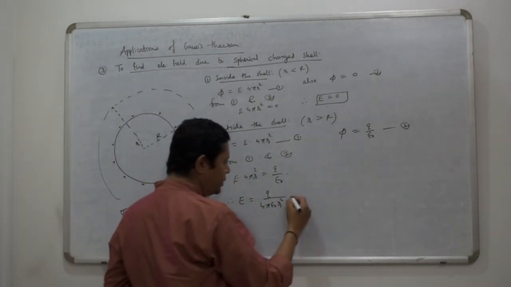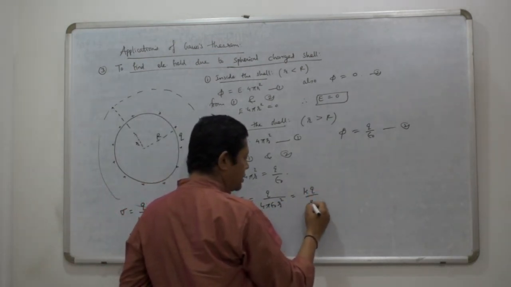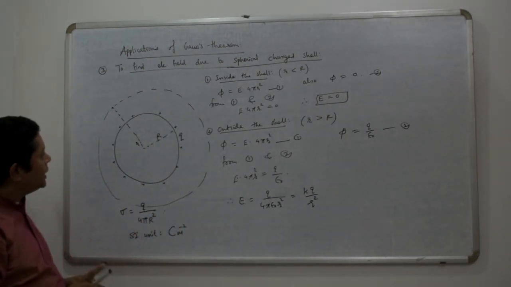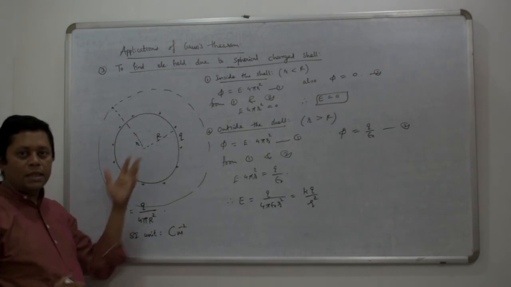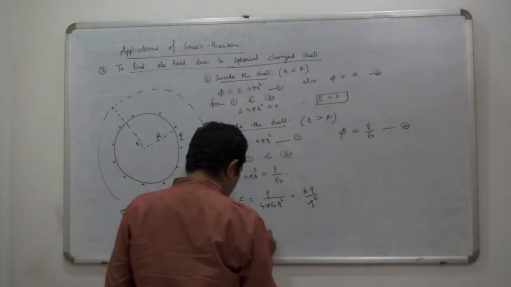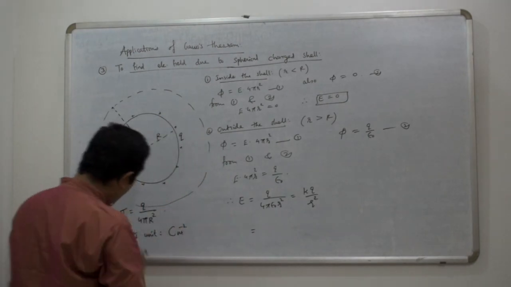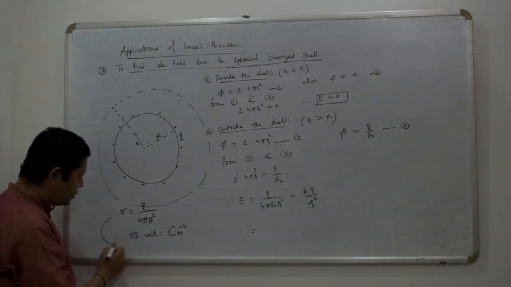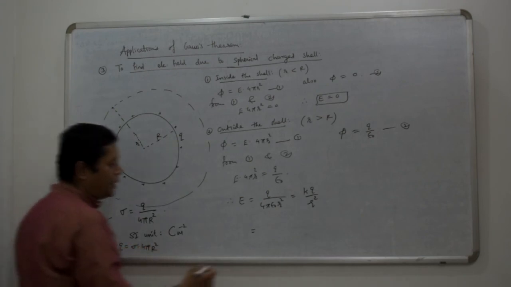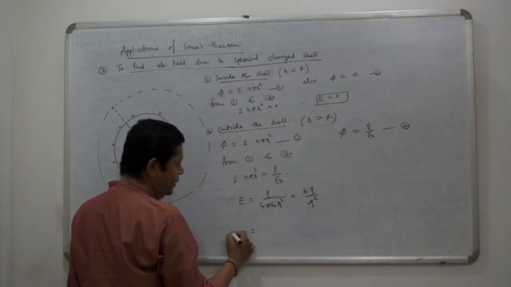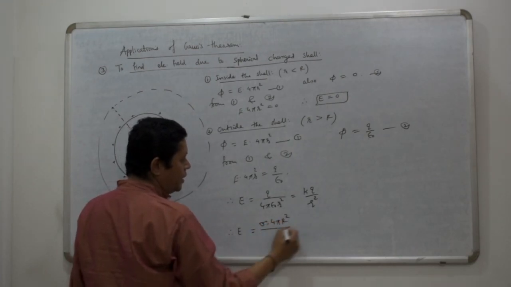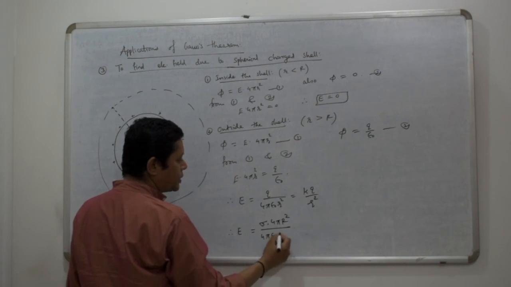See, 1 upon 4 pi epsilon 0 is represented by simple k, so this is similar to electric field due to a point charge. So if you want to find the electric field outside the shell, you can consider the shell as a point charge. This equation you can also write with Q equal to sigma into 4 pi capital R square, over 4 pi epsilon 0 r square.